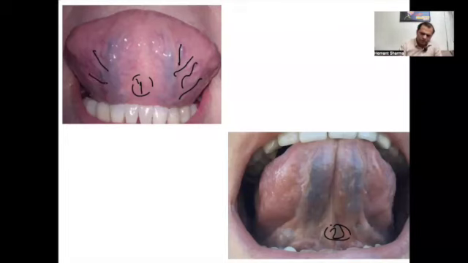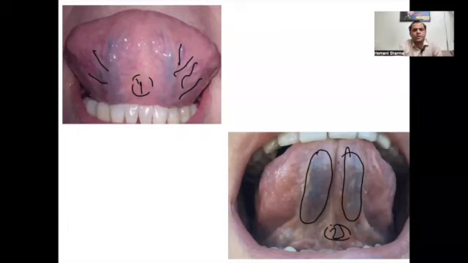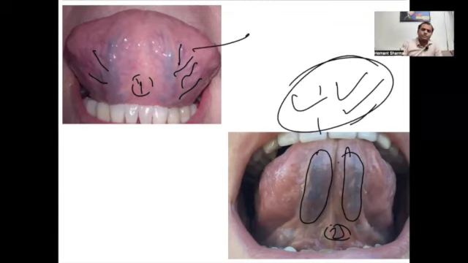The second person has darker areas, darker spots. Who is having more problem? Both are having blood stasis, but this person has more problem because the darker the vein, the more the problem.